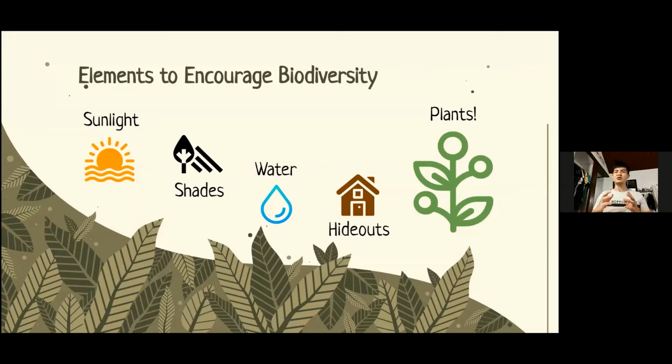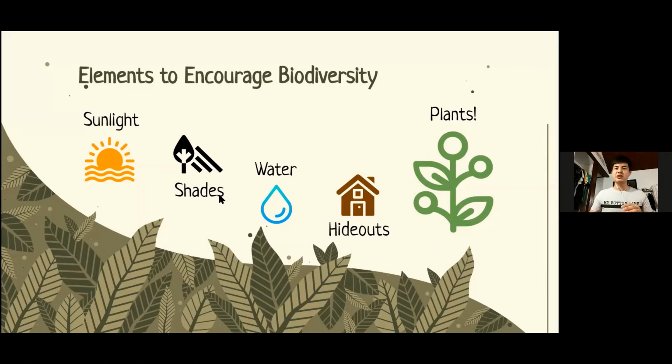Those are good to attract sunbirds as well, because I've seen people say, I want to see a sunbird, so I want to plant a big tree to attract them, but they can't see the sunbird because they're shy. So these are things you can consider when you plan your garden. You want to know what to plant and what you don't want in your garden.